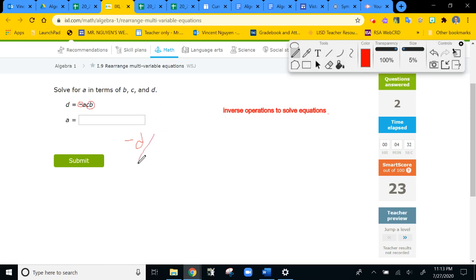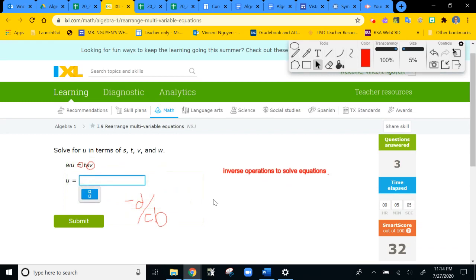So when it goes to the other side, it becomes division by CB. I'm going to type in a fraction, negative D over CB, and submit. Yay, we got it.